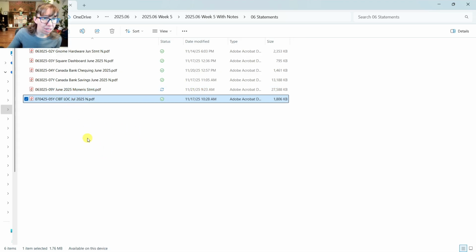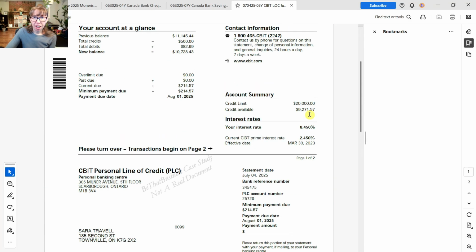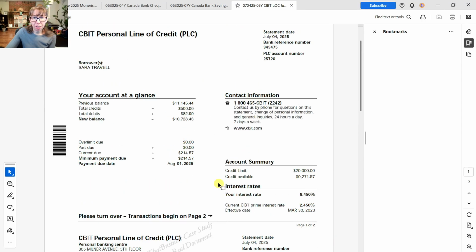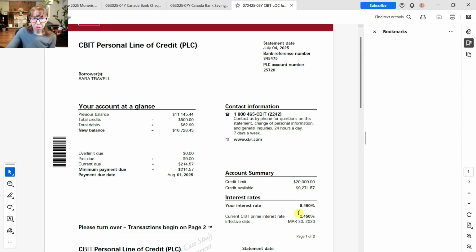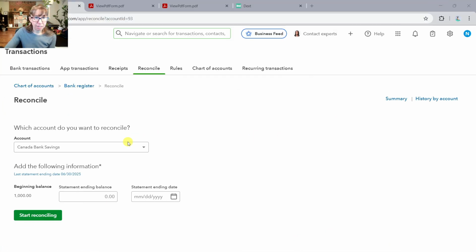So here we got the CIBT line of credit. Let's open that one up. So our CIBT line of credit, there's no payment notes on this one, but we do have the new balance that we can pop in and make sure that everything is in.